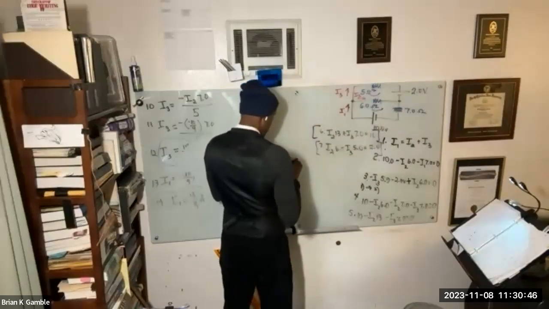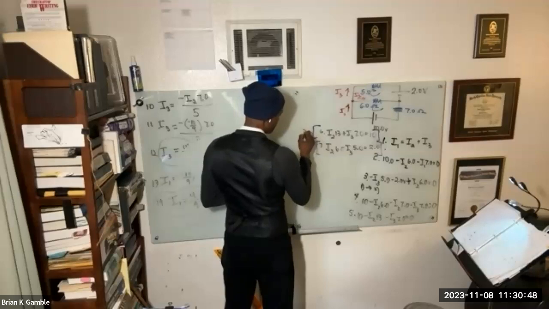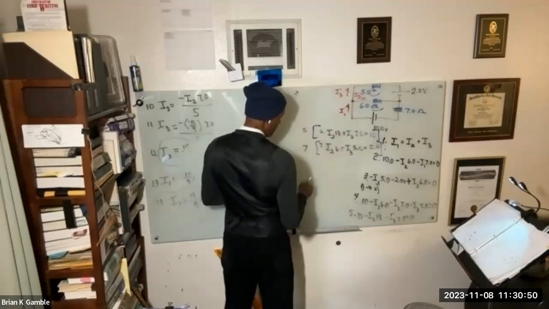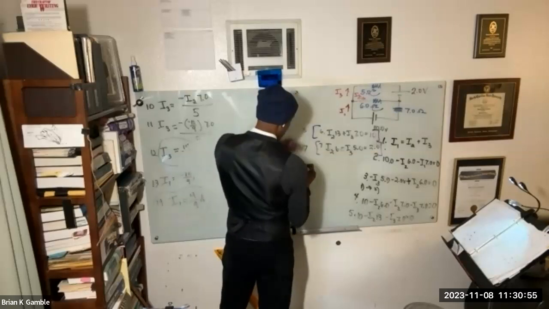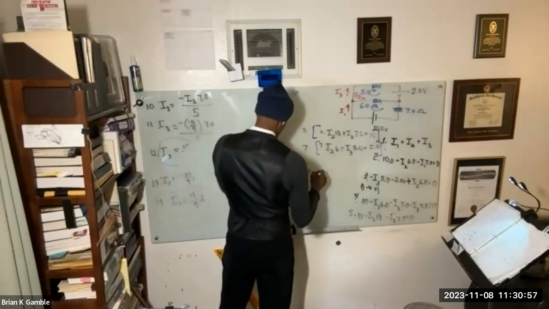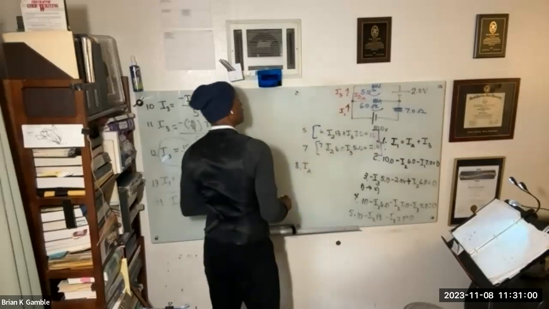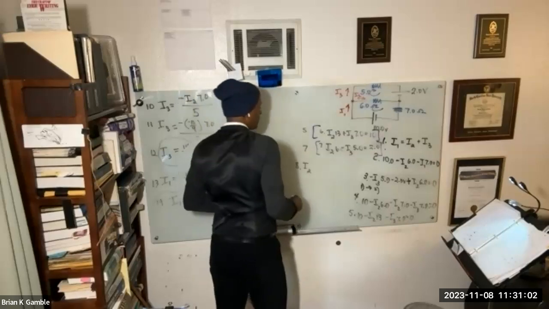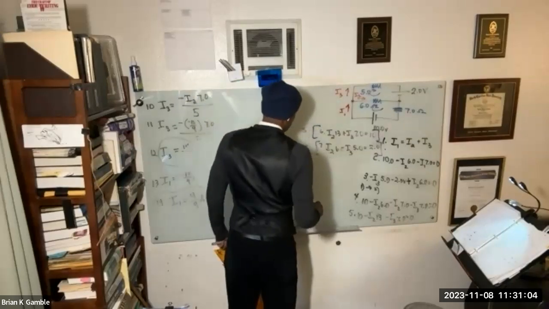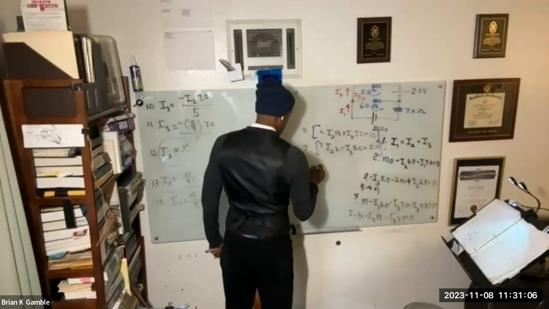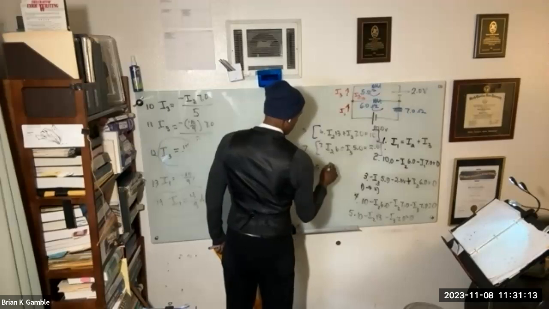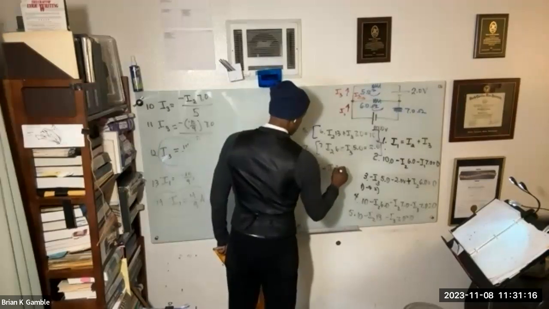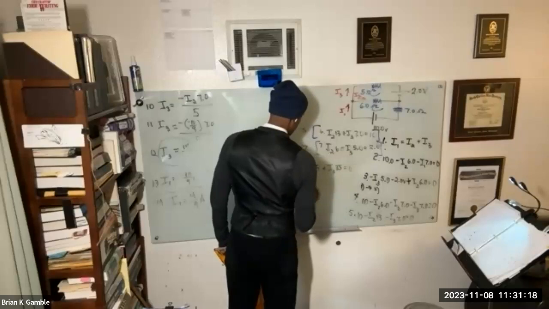So multiplying this guy by 5 and this by 7, that will yield I2 times 5 times 13, was that 65? Yeah, 65. And then I3 times 35 equals 50. Sorry, it's not 10, it's 50.